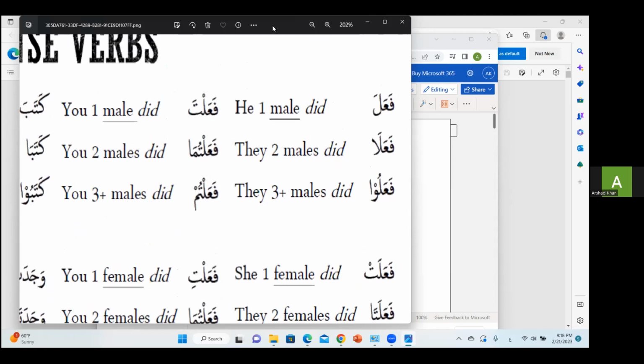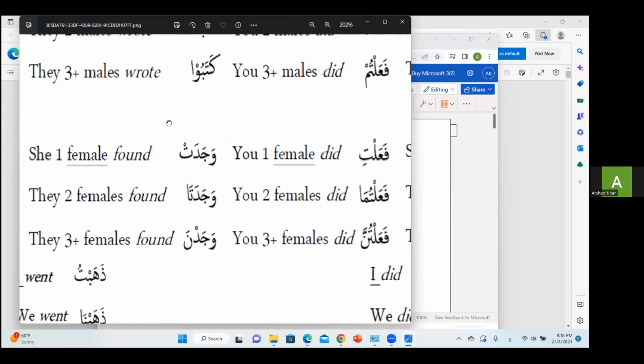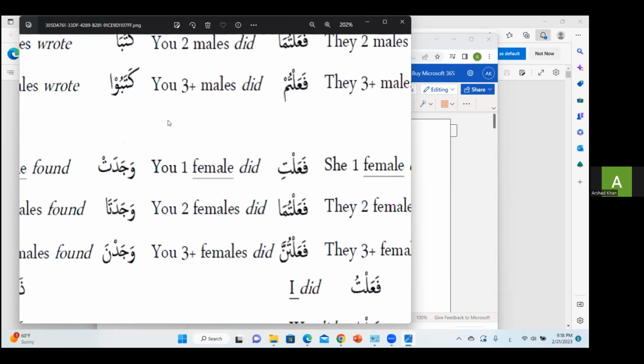So if I were to say you live, for male, how would you say? Sakana is a root word. How would you say you live? The only thing you have to add is the ta. Sakanta. Okay, sakanta. And if I want to say, so wajada is another word.